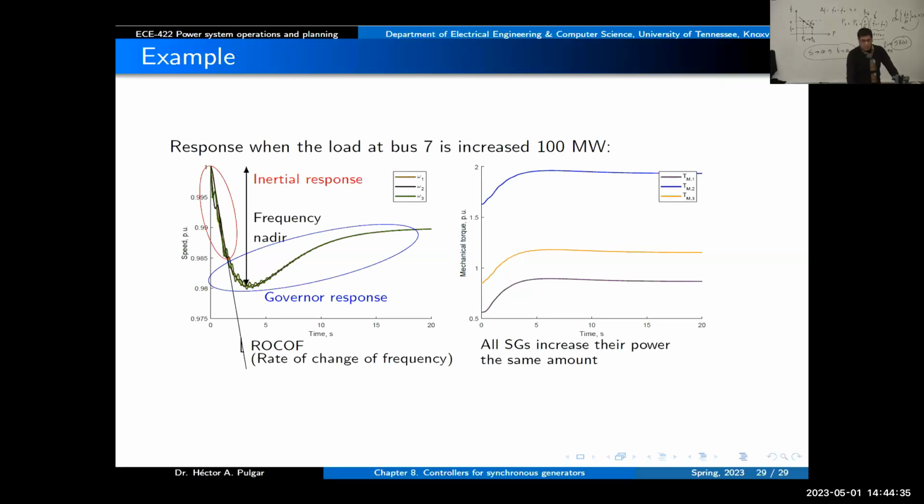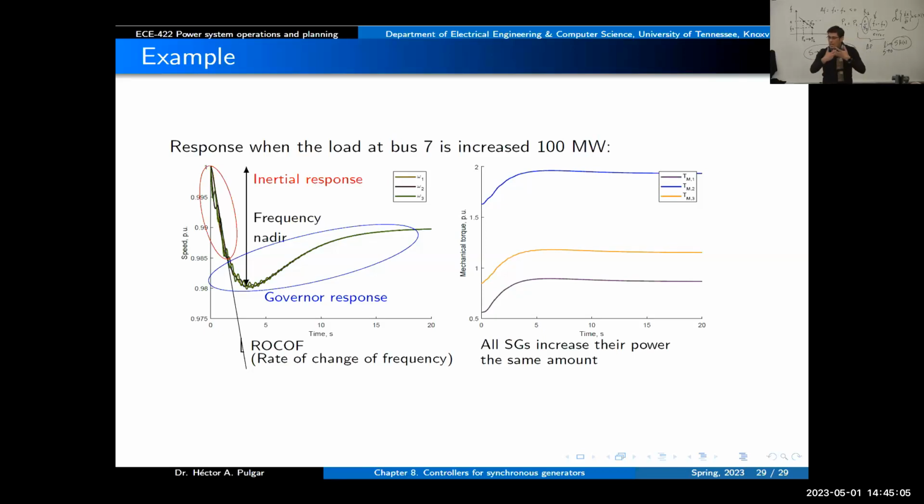So what we're going to do now, and this is the description that we're going to have on Wednesday, is run some simulations, and we're going to see what the impact of important factors is. What could be important factors to study here? We want to get some feeling about what the behavior of the system could be if we change some parameters in the system. One can be the speed regulation constant.